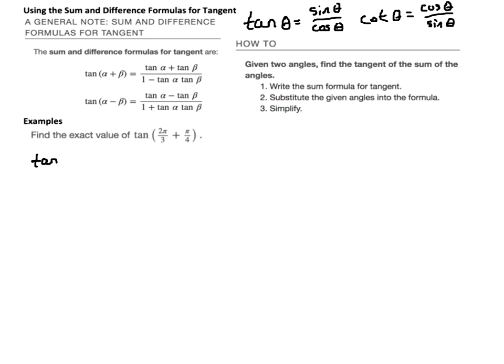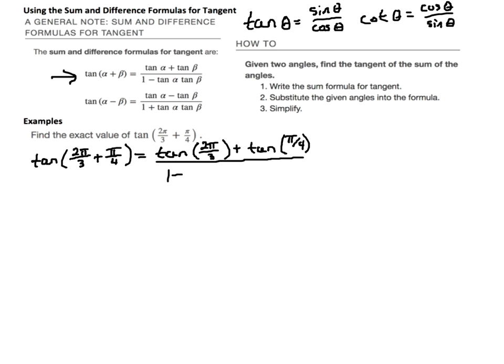So the tangent of 2 pi over 3, there's our alpha, plus pi over 4, there's our beta, has to equal, and I'm choosing this formula right here, tangent of 2 pi over 3 plus the tangent of pi over 4, divided by 1 minus the tangent of 2 pi over 3 times the tangent of pi over 4.